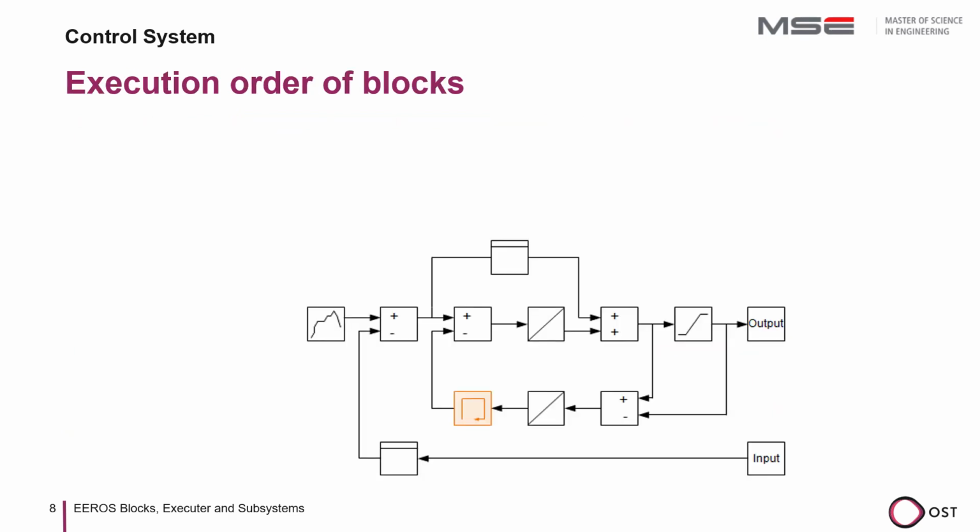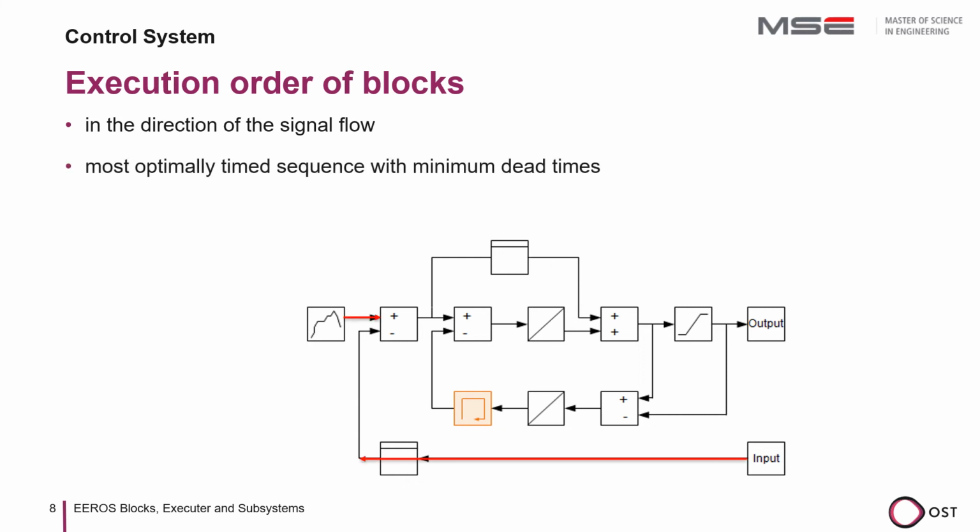As earlier already covered, each block belongs to a time domain that determines the frequency of execution of the block's run method. The order of execution of blocks within a time domain is determined by the order in which the blocks are added to the time domain. Care must be taken to ensure that the calls follow the signal progression, resulting in the most optimal time sequence with minimal dead time.